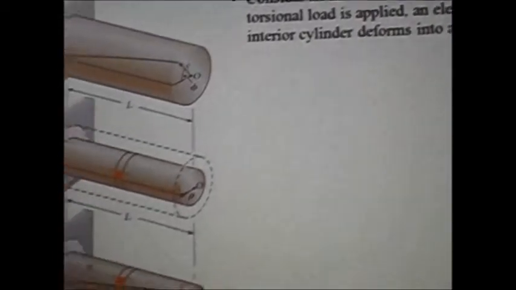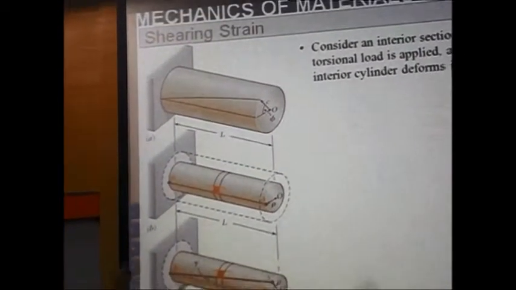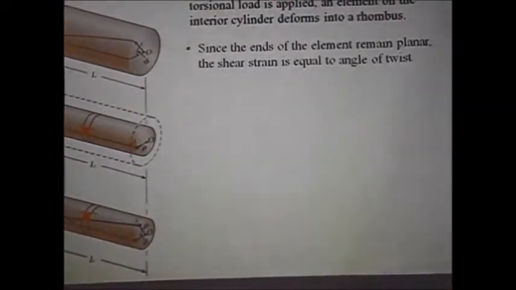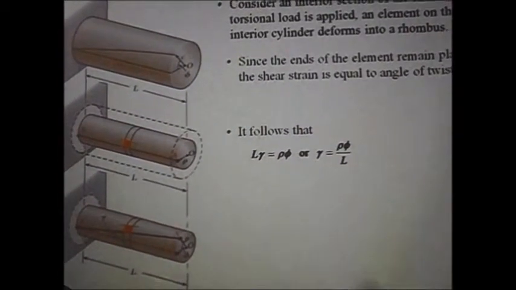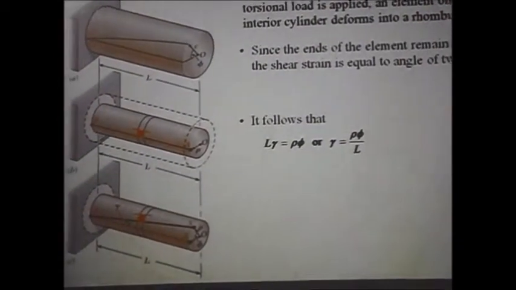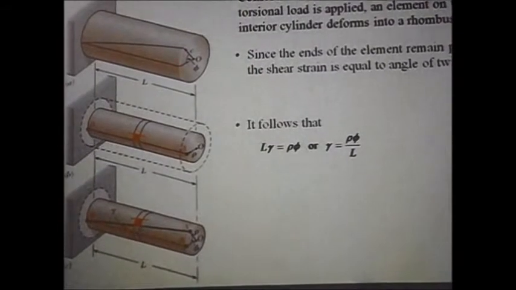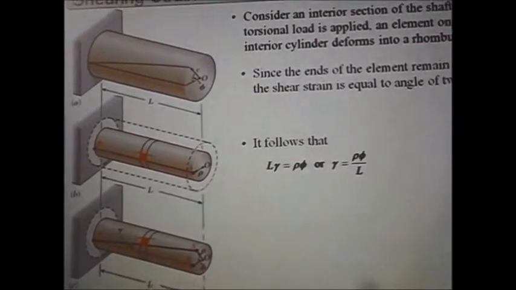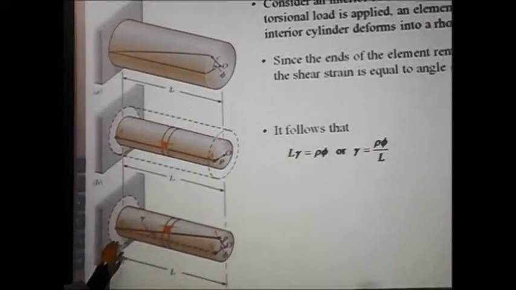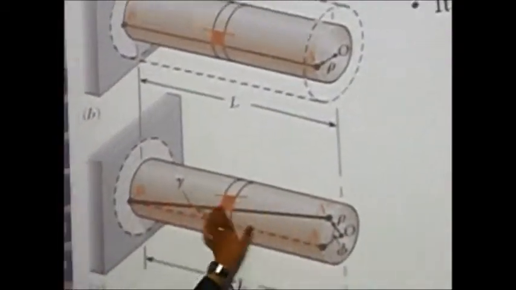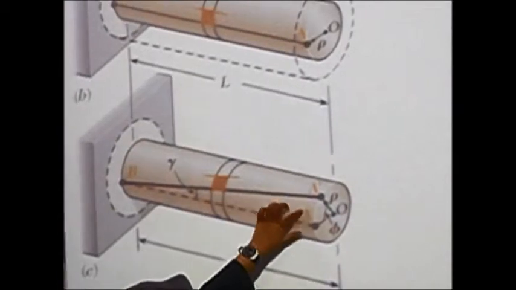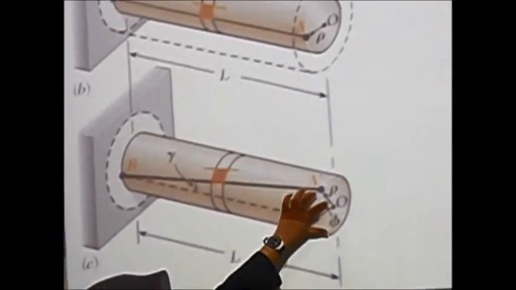We can see from the figure that length times gamma is equal to the angle of twist, so we get the formula L gamma equals rho phi, or gamma equals rho phi over L. This is L, this is gamma, this is rho, this is phi.